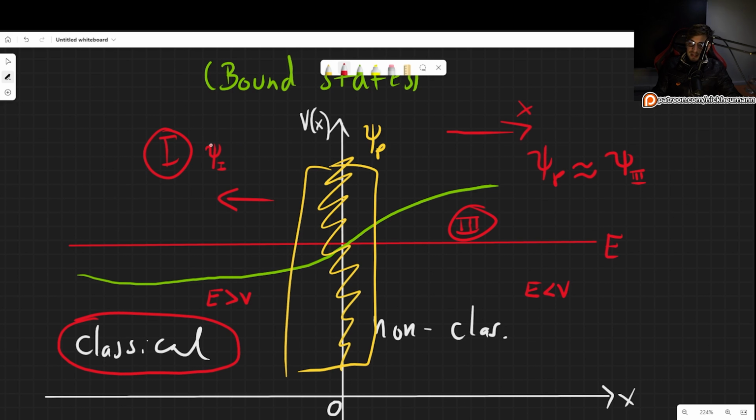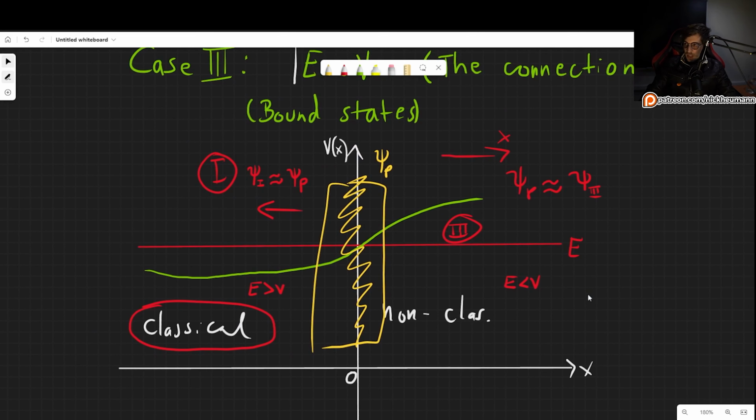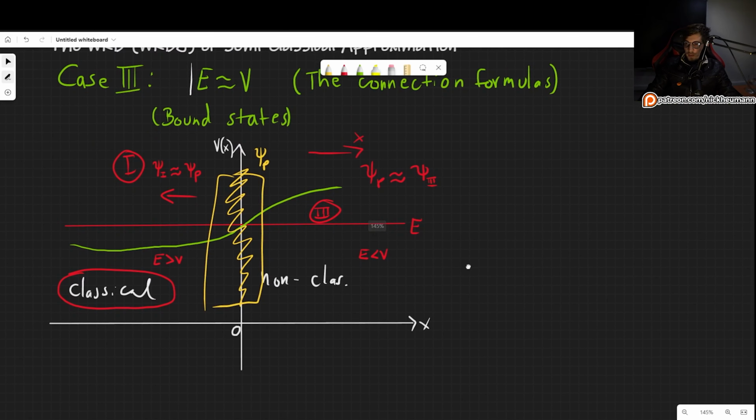So as I was saying, we want that asymptotically, this wave function in region 1 should be the same as the patching wave function. So we need to find the patching wave function. That is our first challenge. And then we need to patch it together, basically apply boundary conditions with our two already known functions for the two known cases.